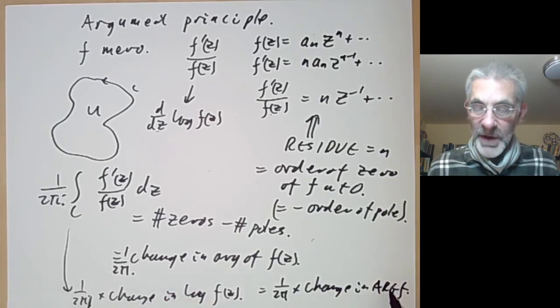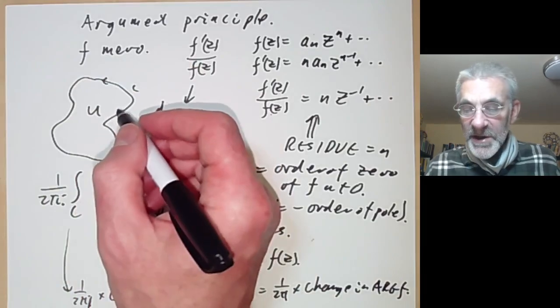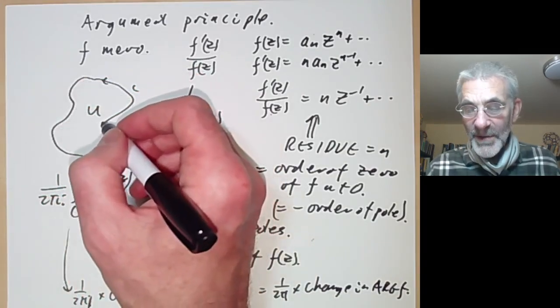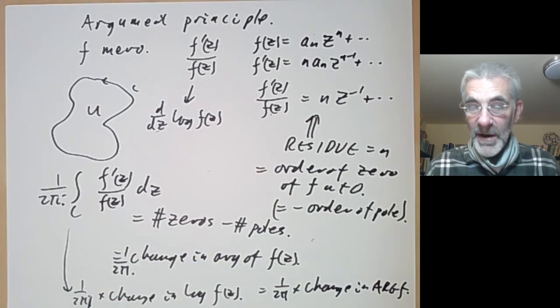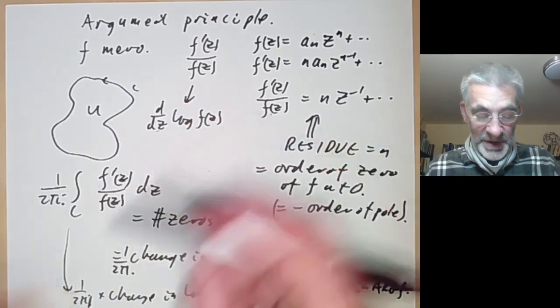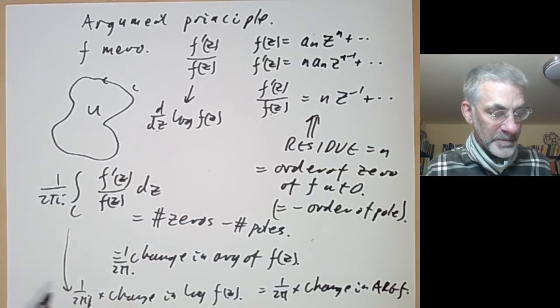And that's why it's called the argument principle. You can count the number of zeros in a region just by examining how the argument of f changes as you go round it and dividing by 2 pi. Of course, you've got to be a little bit careful if there's a zero exactly on the boundary, but we won't worry about that, at least not very much.